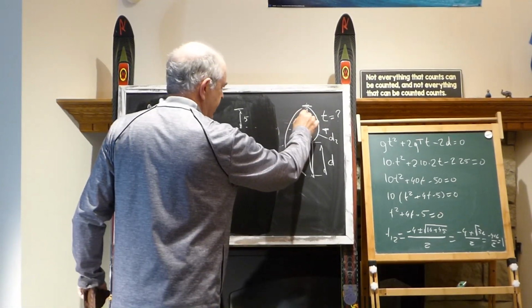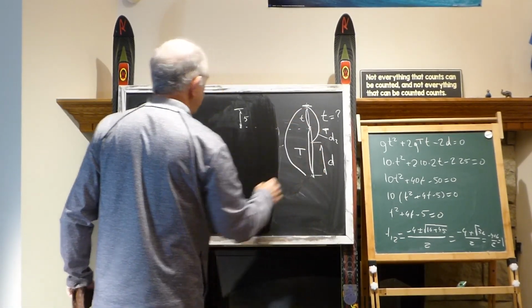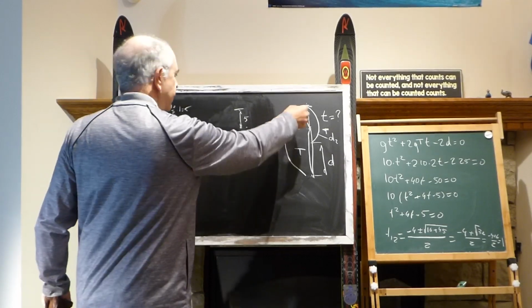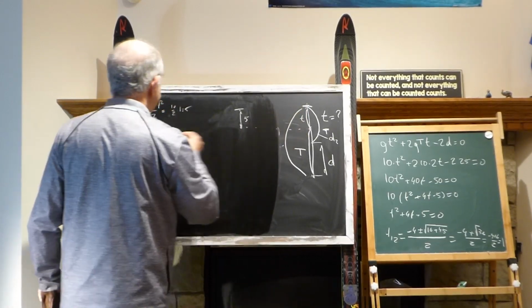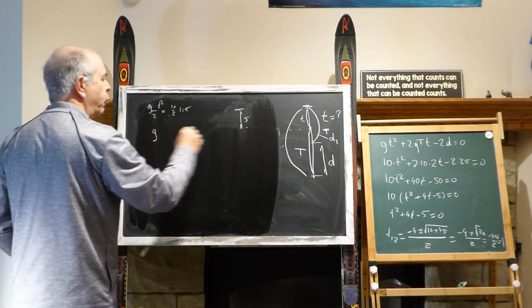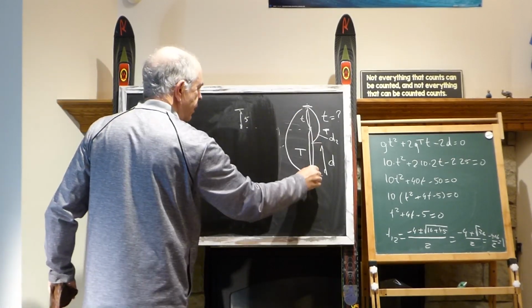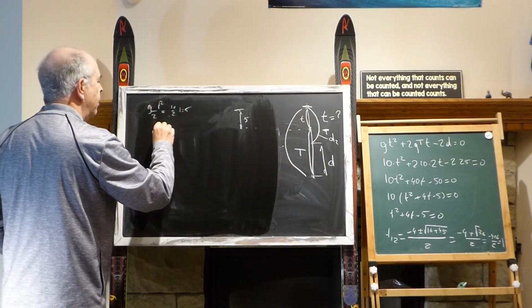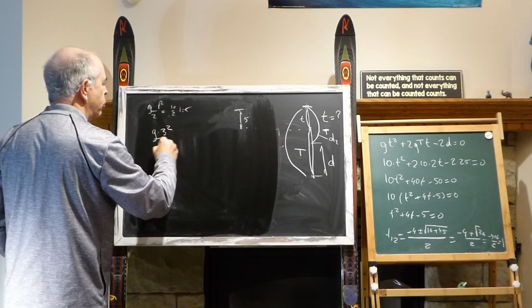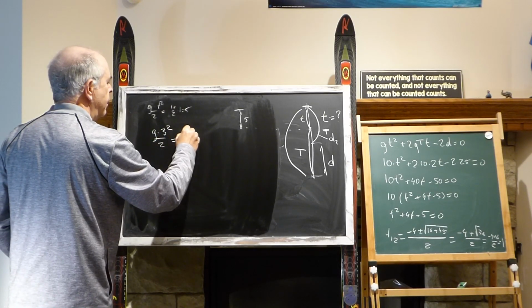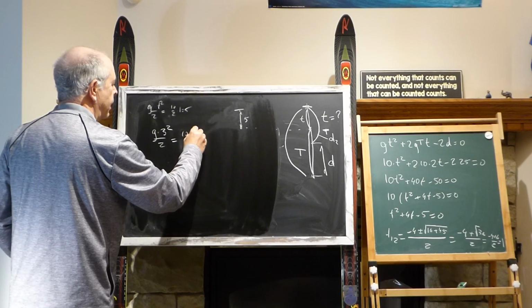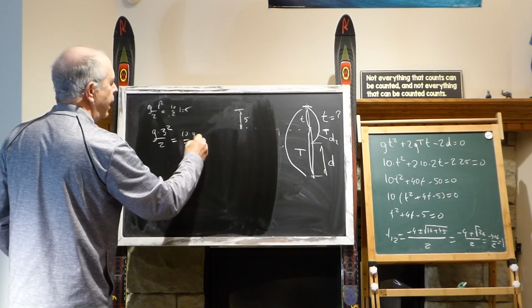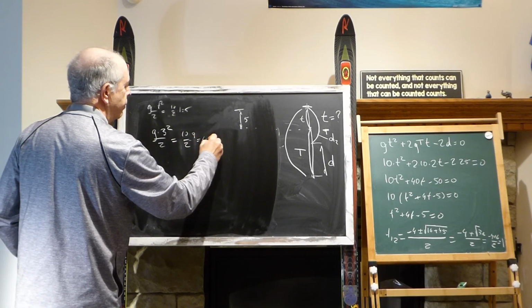If this is 1 second and it goes for 2 more seconds, the whole time would be 3 seconds. The full distance this body travels would be g multiplied by 3 squared over 2, 10 over 2 is 5, 5 by 9 is 45.